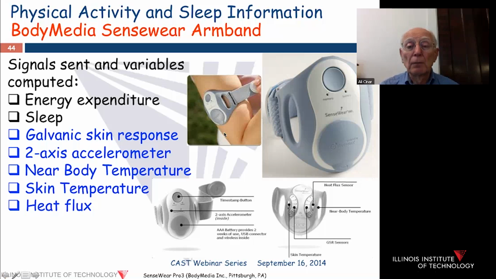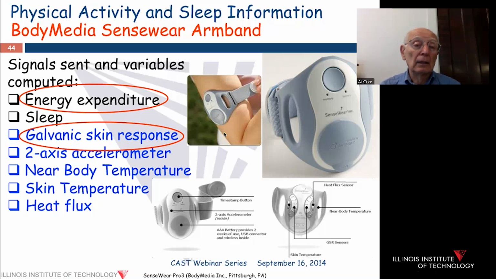But it has given us valuable information both for modeling and for control purposes. And again, energy expenditure and galvanic skin response are the two variables that we have used.